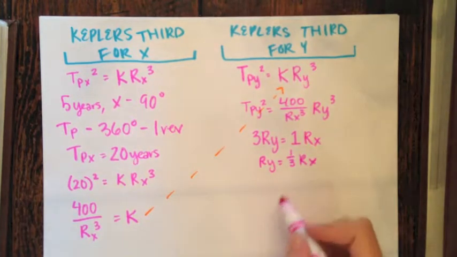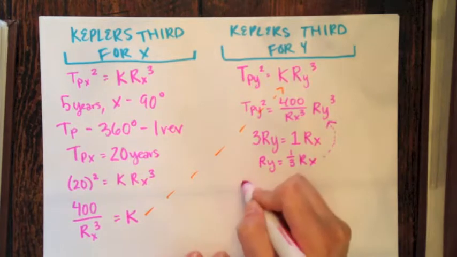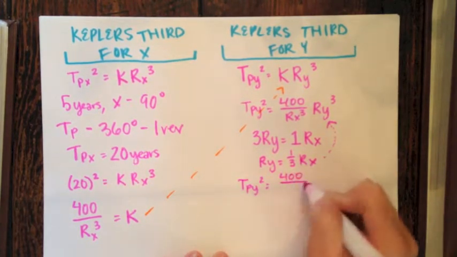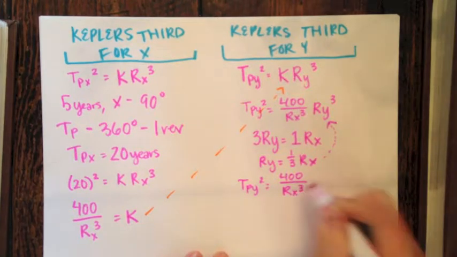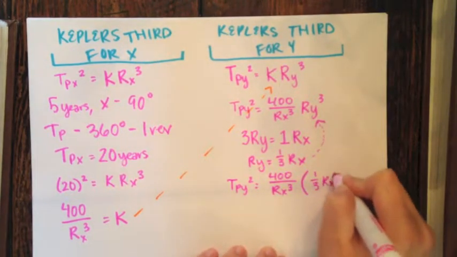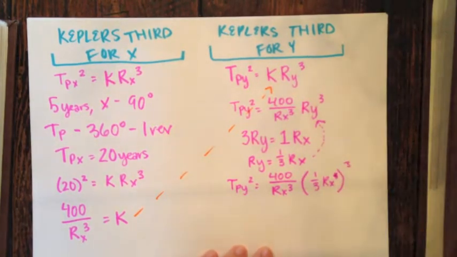So then I'm going to plug that in up here. So we'll have time of the period of y squared equals 400 over rx cubed times 1/3 rx, sorry, and the cubed up here.